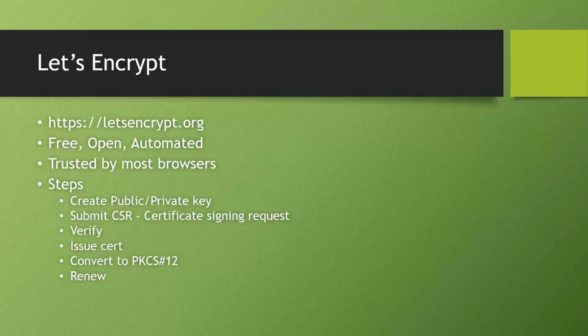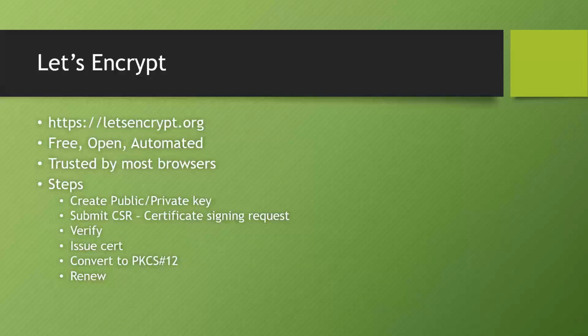The second, in my opinion, the best part is that it's free. You don't have to pay anything. Right, and lately it has been trusted by almost every browser. Almost every email server, the newer ones, they trust this certificate, and a lot of companies are behind it. So it's a pretty good solution.